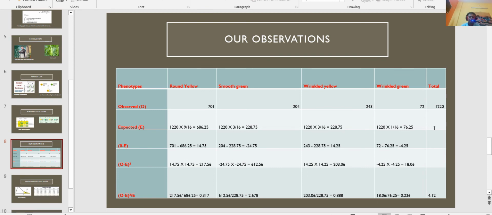In the last column, the calculation of observed minus expected, whole square, divided by expected value is 0.317 for round yellow, 2.678 for smooth green, 0.888 for wrinkled yellow, and 0.236 for wrinkled green. If you sum all these four values, you will get a value of 4.12.